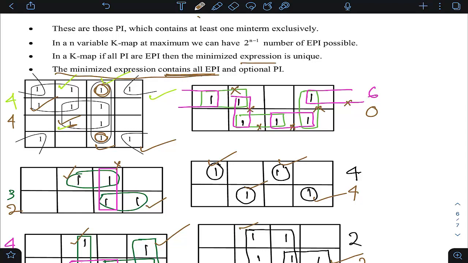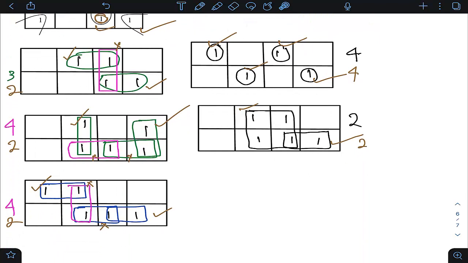And what is the meaning of optional PI? For example, students, you see, let me say this is group 1, this is group 2, this one is group 3, and this one is group 4. If I ask you what minimized expression this will contain, definitely group 1 and group 2 you cannot avoid. These are the EPI. If you take group 1 and group 2, these are covered, but this one is not covered.